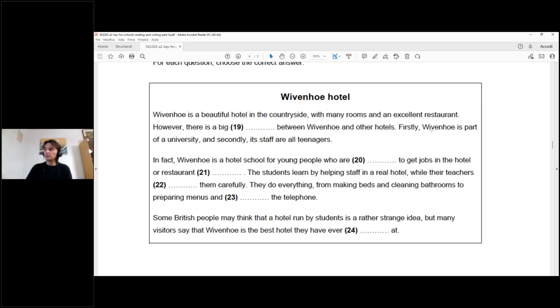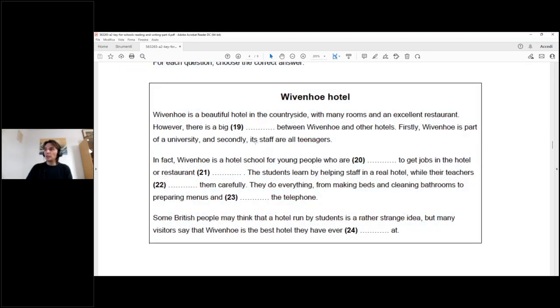Firstly, prima di tutto, Vivenau is part of a university, and secondly, its staff are all teenagers. Quindi, prima di tutto, Vivenau fa parte di una università, and secondly, e in secondo luogo, its staff are all teenagers.